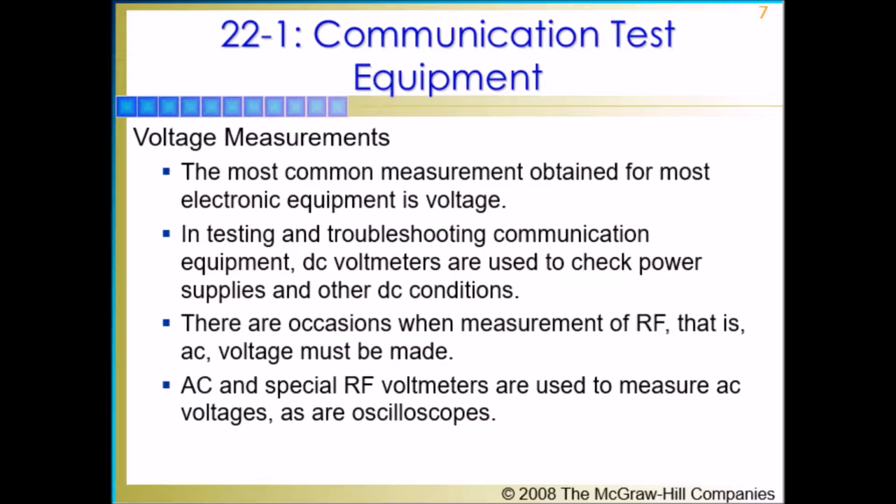Voltage measurements. We all know that the most common measurement obtained for most electronic equipment is voltage. This is particularly true for DC and low-frequency AC applications. In RF applications, voltage measurements may be important under some conditions, but power measurements are far more common at higher frequencies, particularly microwave.